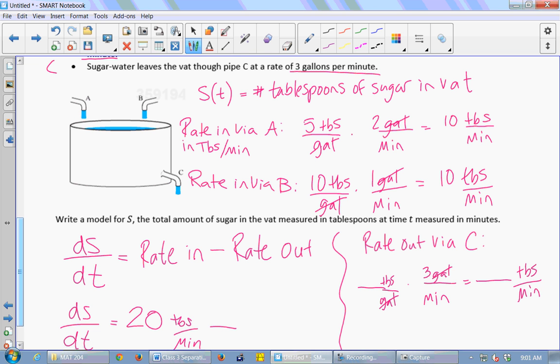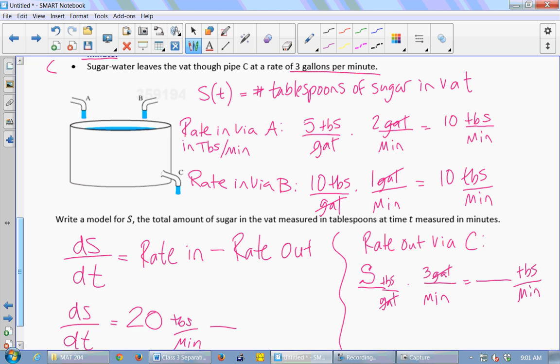Can you explain how you got that? Perfect. So this first fraction, we're looking at how much sugar is in the vat. We want to know how many tablespoons per gallon are in this whole vat. To calculate that, I need to know how much sugar is in there, which we are measuring with the letter S. Make sure you can differentiate that from a 5. I confused myself like 17 times when I was solving this problem.